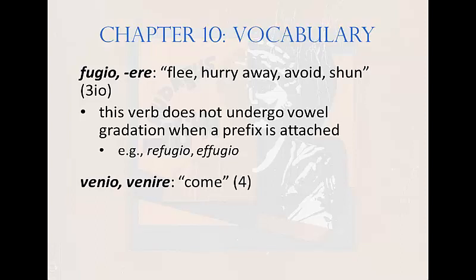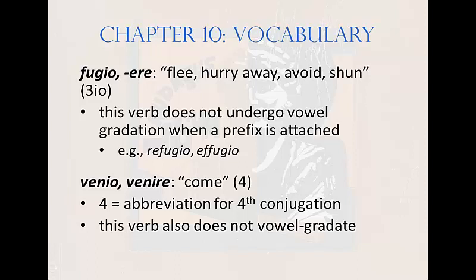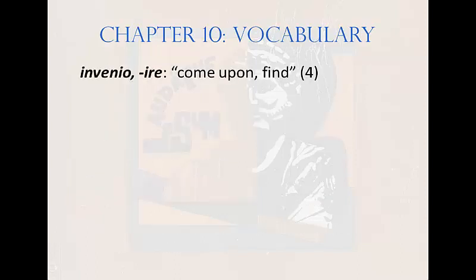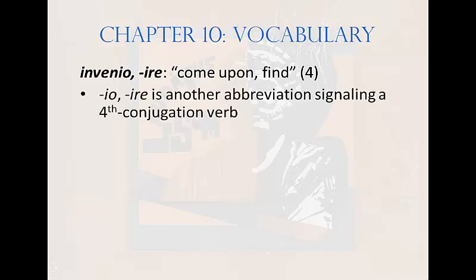The next verb, venio, venire, meaning come, is a fourth conjugation verb. 4 is the abbreviation for fourth conjugation. Like fugio, this verb also does not vowel gradate. To wit, invenio, invenire, fourth conjugation, meaning come upon or find. A first principal part ending in io and an infinitive ire is another sign that a verb is fourth conjugation.